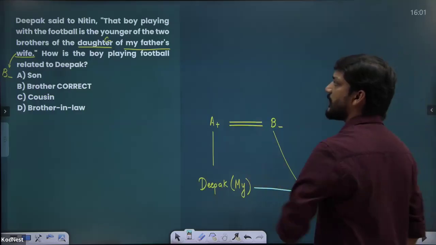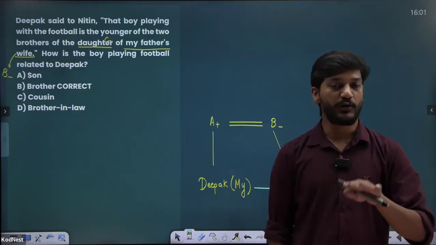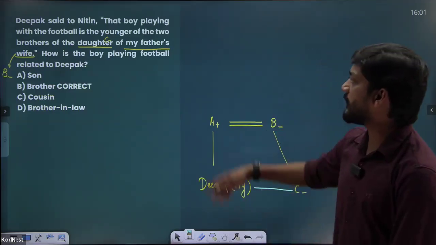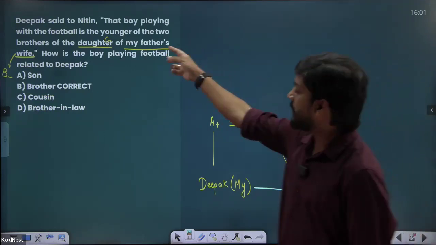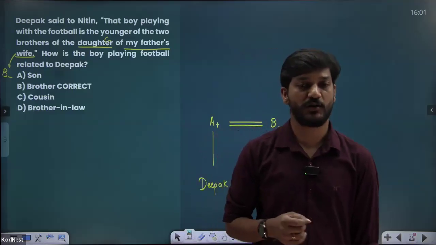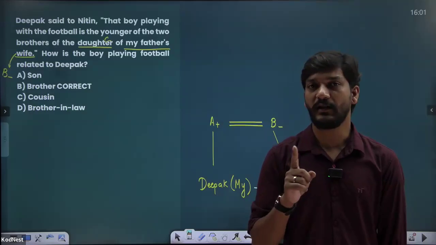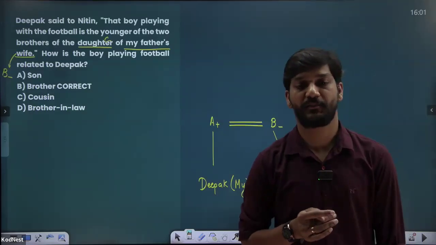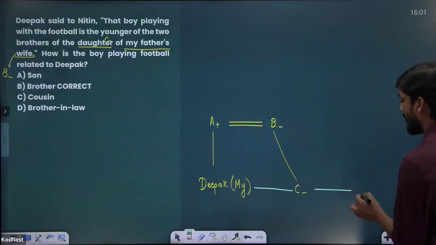My dear, Deepak is saying the statement. When you say something, will you include yourself also? Please answer carefully. Does it seem anywhere that the boy playing with the football is Deepak only? Is it possible? No. So we have to take one more person.